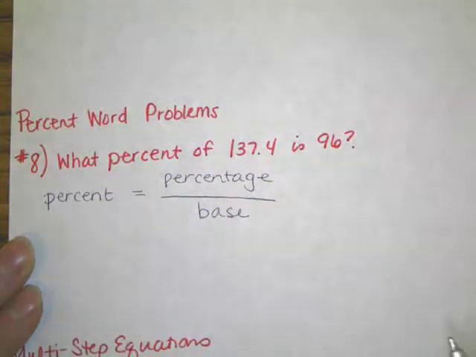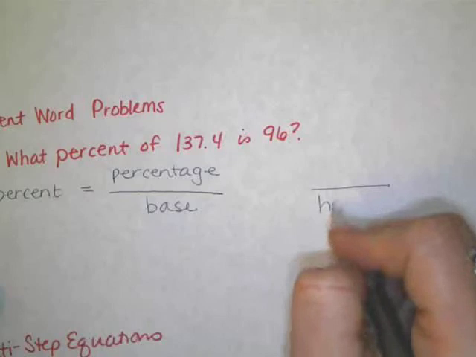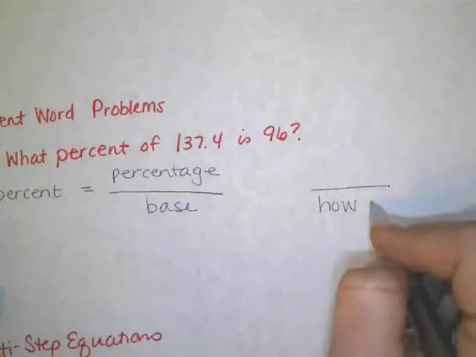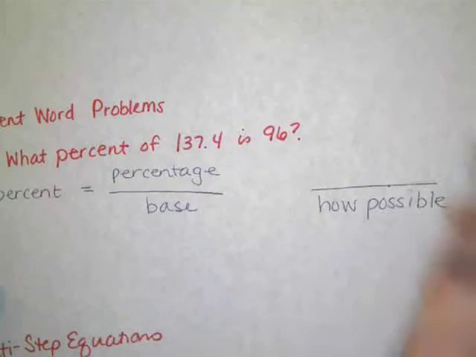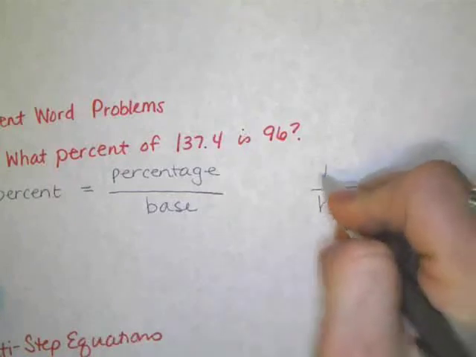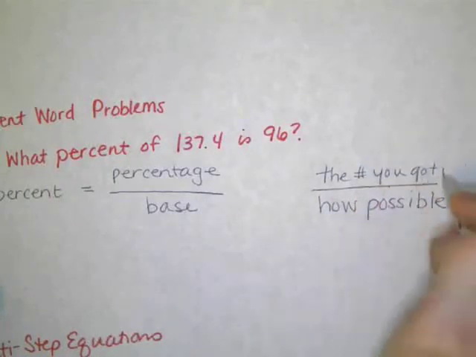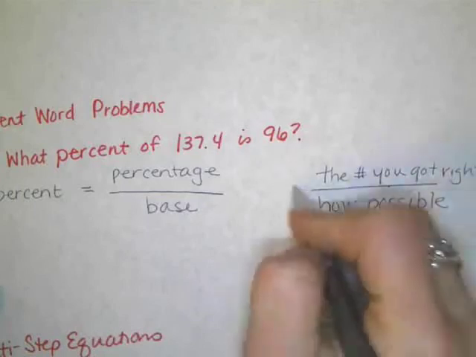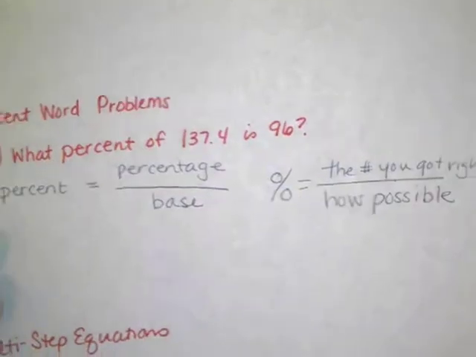If you think about this as a test score, the base is how many you could have scored or how many are possible. The percentage is the number you got right. And if you divide those two, you get your percent.